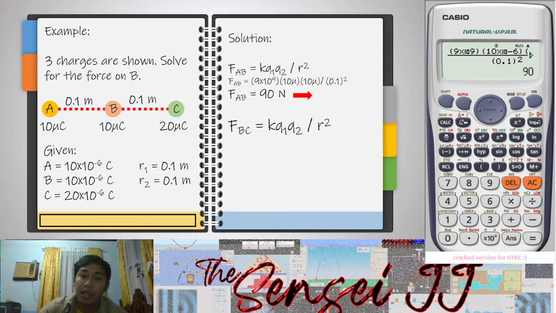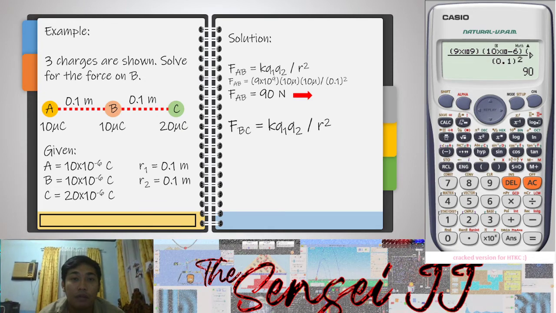Since we have B and C, we didn't violate our formula, which is kQ1Q2, still two charges, which is B and C. And yes, we have substituted all of our values, which is k, Q1 and Q2. So let's try to solve it in our calculator.